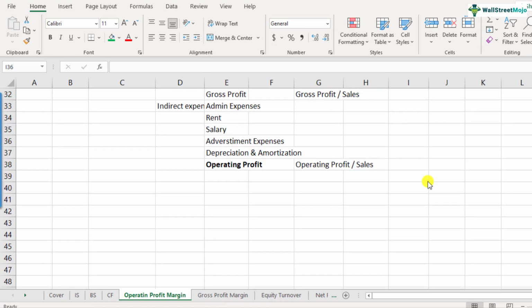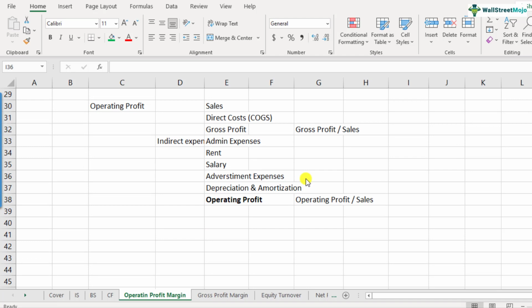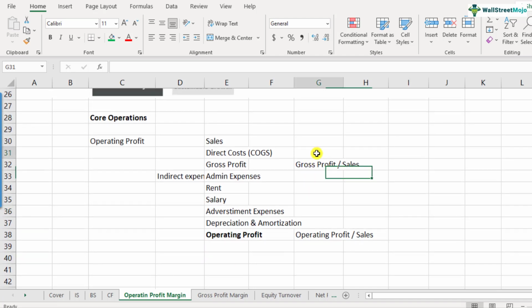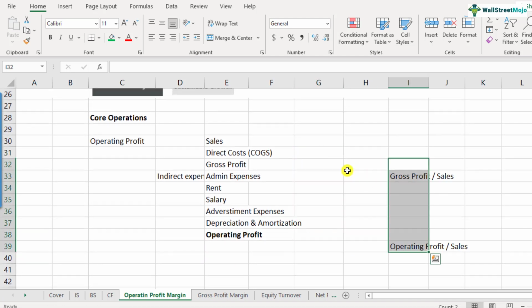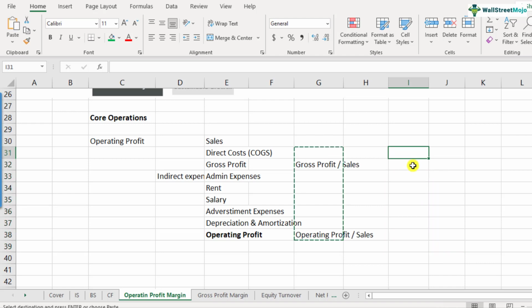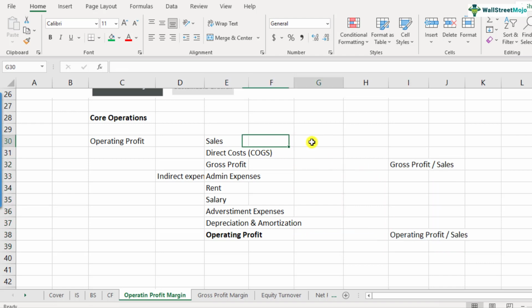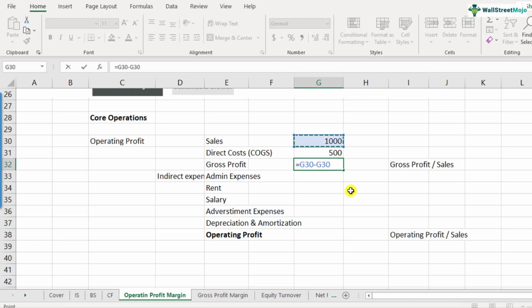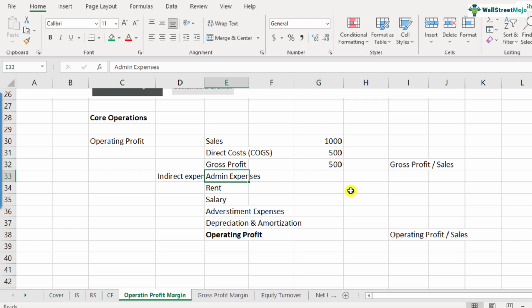Let us now do quick calculations to understand how we can go about calculating operating profit margins. Let's assume that sales is 1000 and cost of goods sold is 500. So we get gross profit as 500. Now it comes to the indirect expenses.